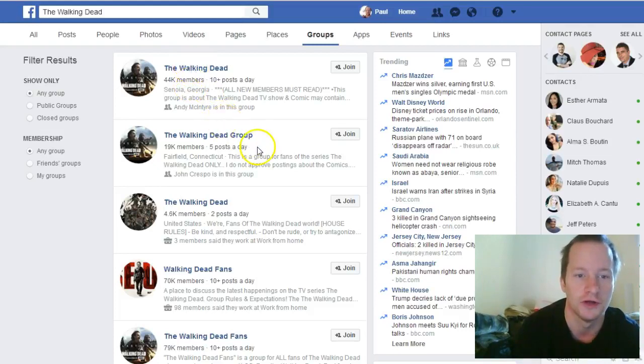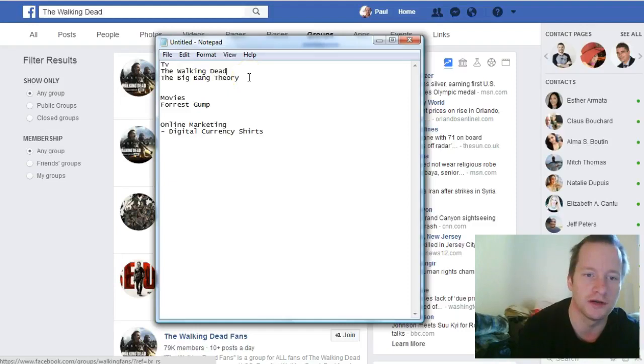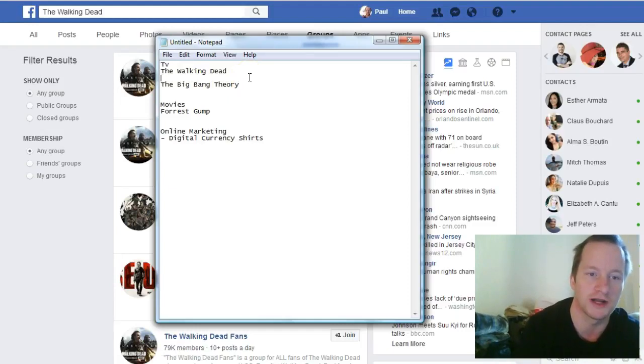It's also good to see the engagement. You can see that they do 10 or more posts a day. This one does 5 posts a day, 2 posts a day, 10 posts a day. So it's pretty popular, and there's a lot of engagement with this show. So you want to check out the group, and also note down how many members are in each group. You're going to write that down.